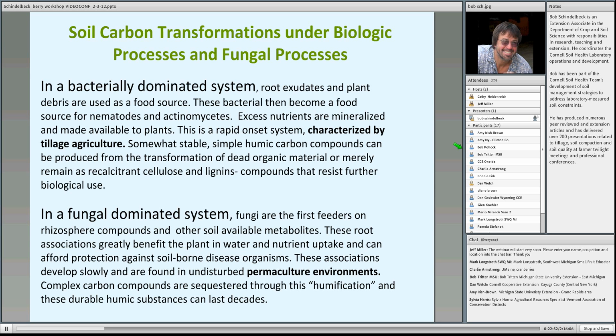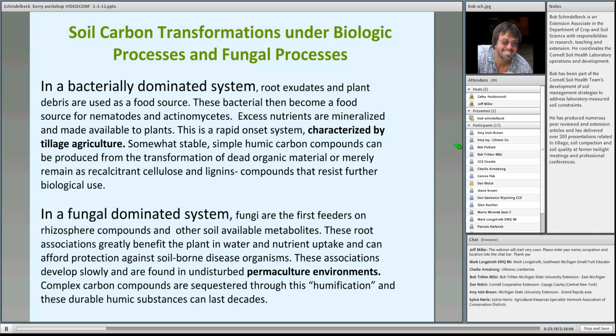And since these associations are more complex, they develop a little more slowly, and they require not so much of this favoritism towards the bacterial and the rapid turnover, but in undisturbed or permaculture environments, or what we might see in more of a berry situation, there's time for these infections and long-term associations to develop.